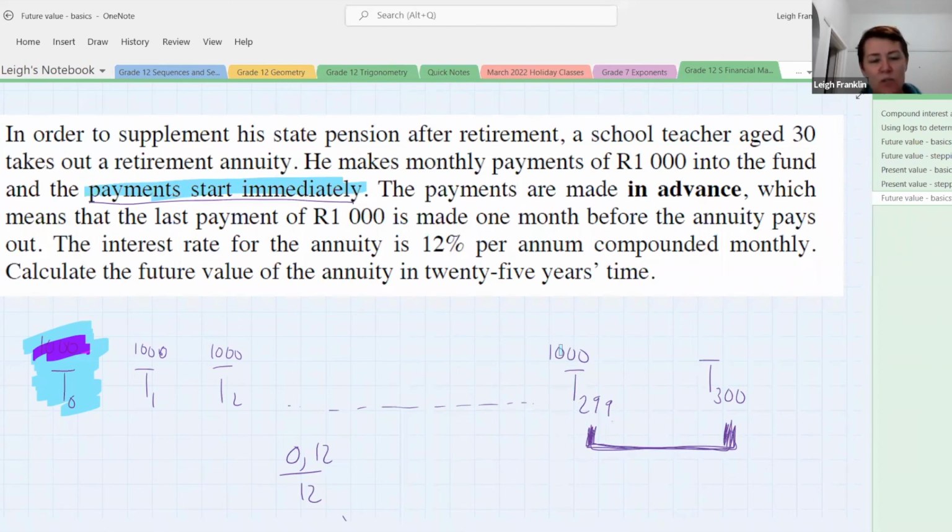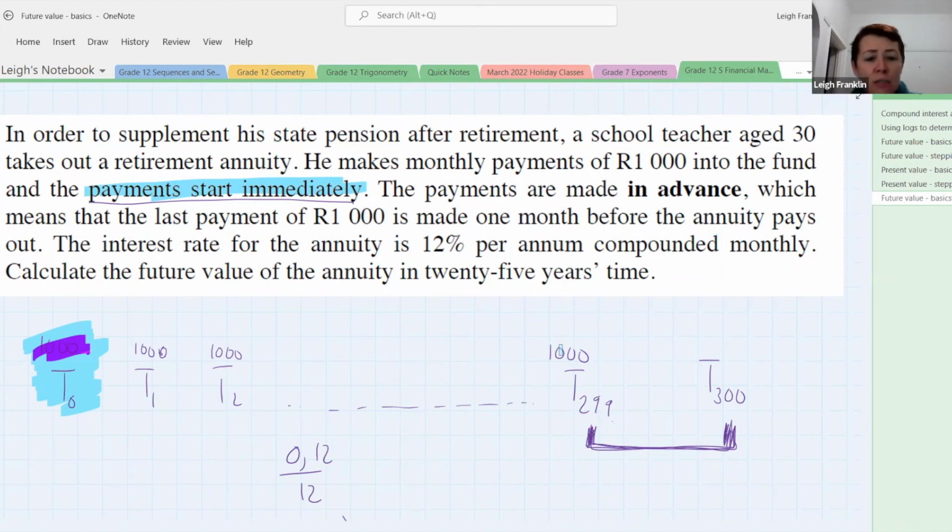This is where it becomes a little bit trickier. The payments are made in advance, so he makes them at the beginning of the month and not at the end. Remember in all the previous examples, the people have been paying at the end of the month. Here he pays and then earns a month's interest on that, and then he pays and earns a month's interest again.